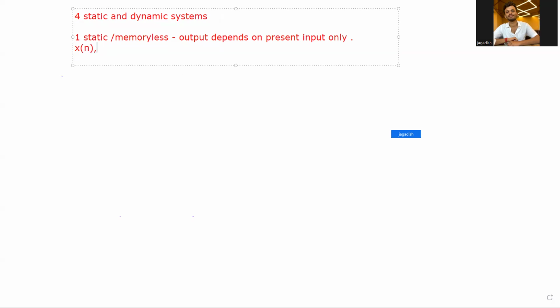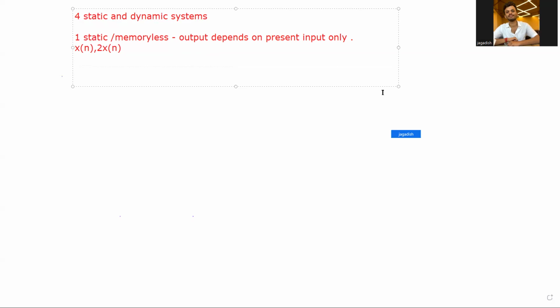So x of n I can take as an example. 2x of n I can take as one more example. These are examples for a static and memoryless system, where the output depends on the present input only, that is x of n and 2x of n.